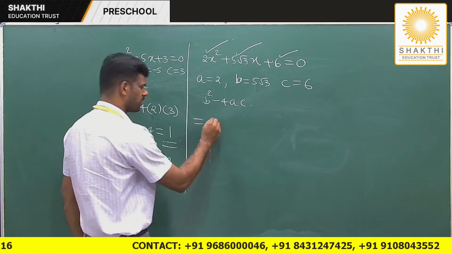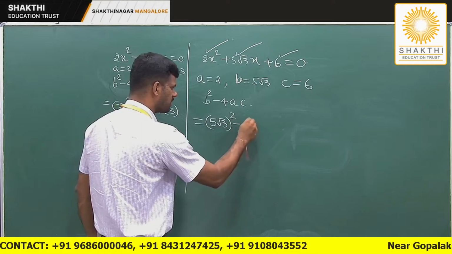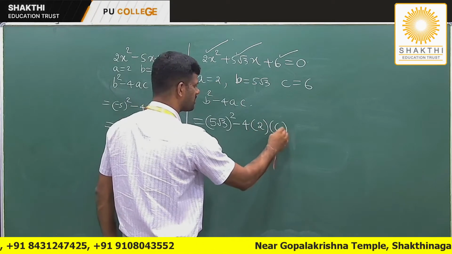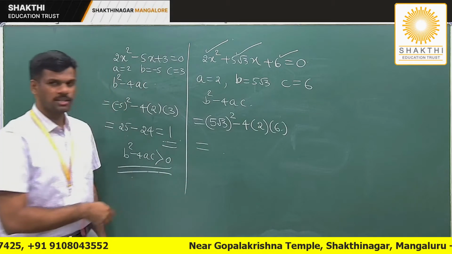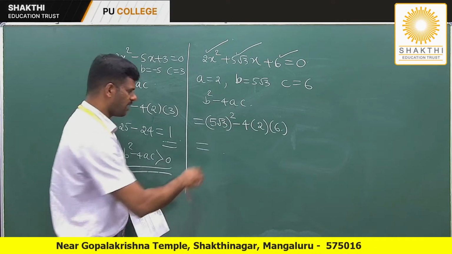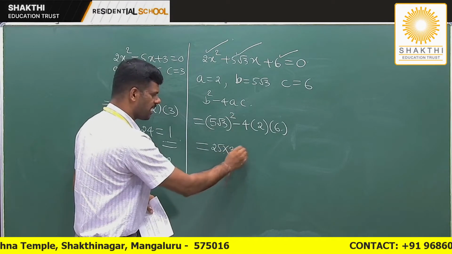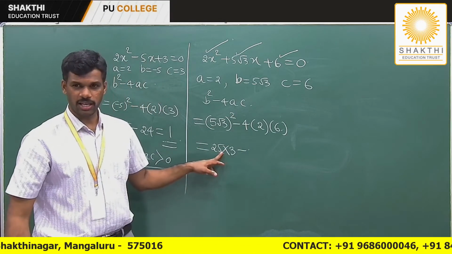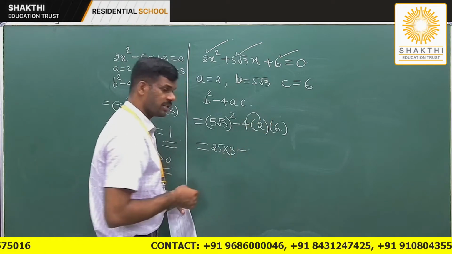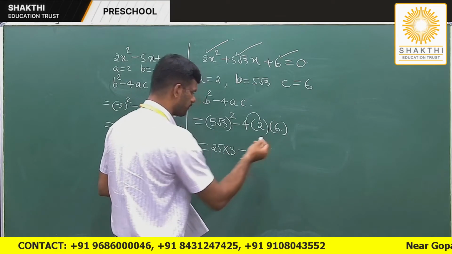Let us simplify this. 5 root 3 whole square minus 4 into a, which is 2, and c, which is 6. 5 square is 25 into root 3 square is 3, and 25 into 3 is 75, minus 4 into 2 is 8, 8 into 6 is 48.